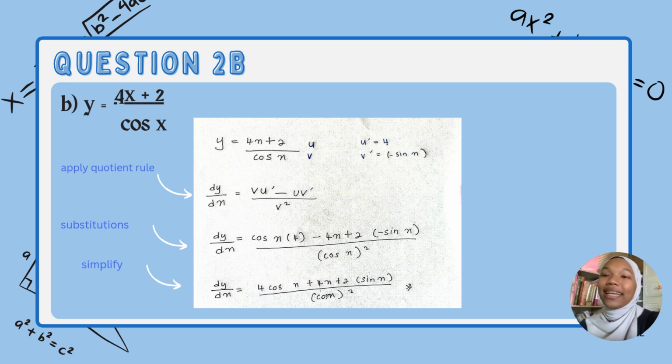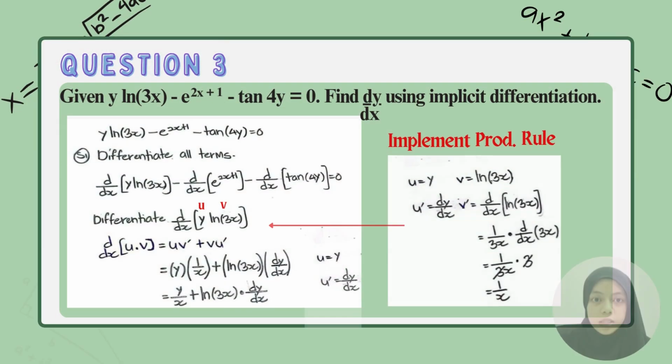To simplify this answer, you can write dy over dx is 4 cos x plus 2 in bracket sin x, divided by cos x squared. You get the final answer.